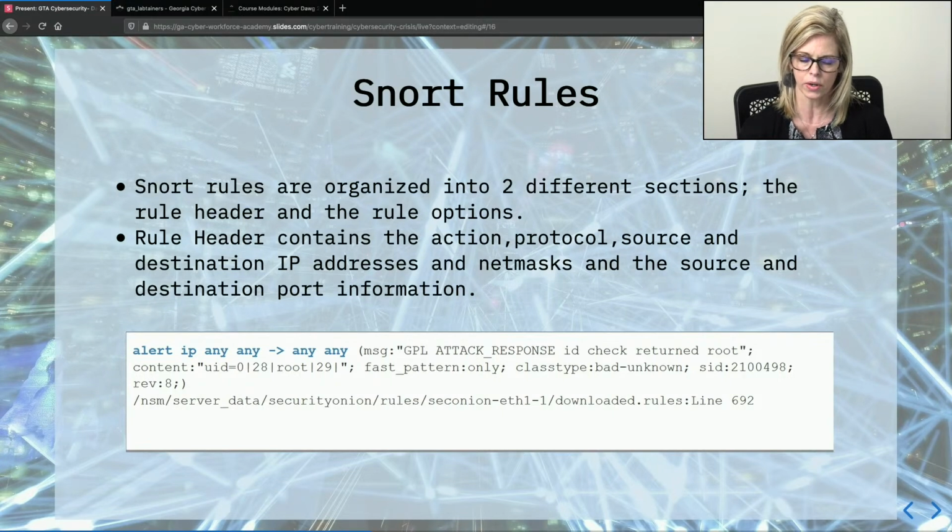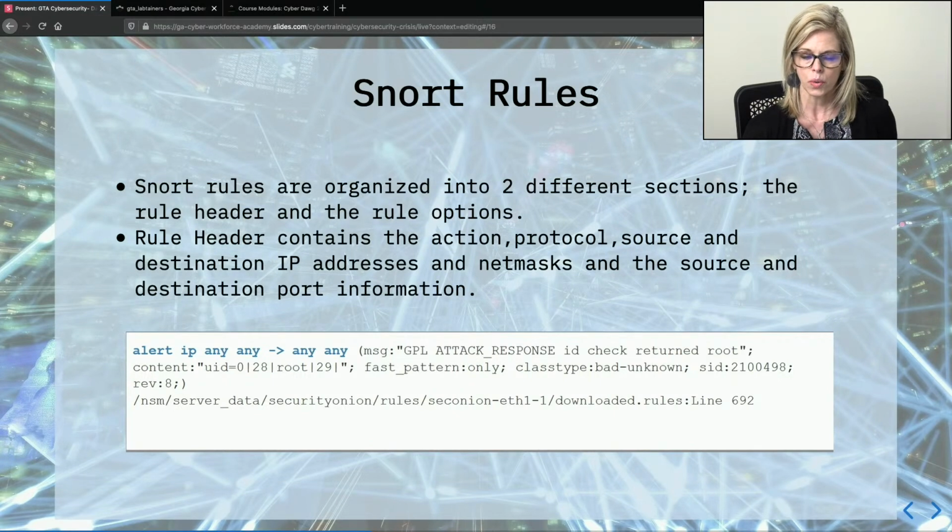Inside the rule header, you have the actual action that the rule is specified to take, say, to send an alert based on a specific protocol, and the protocols that Snort uses are TCP, UDP, IP, as well as ICMP.